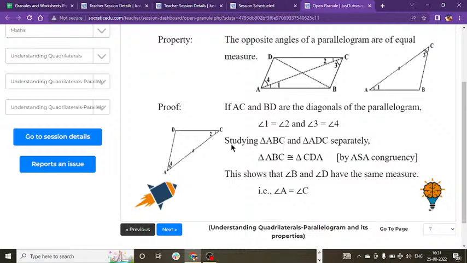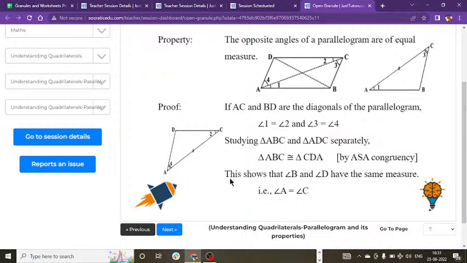Let's cut these two triangles into equal parts and separate them. Studying triangle ABC and triangle ADC separately, we get triangle ABC congruent to triangle CDA by angle side angle congruency.